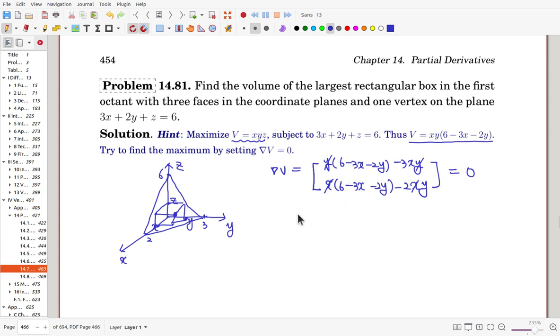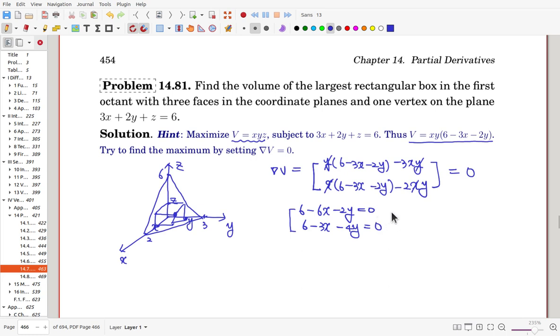Then from the first one, it is 6 minus 6x minus 2y equals 0. From the second one, 6 minus 3x minus 4y equals 0, right?